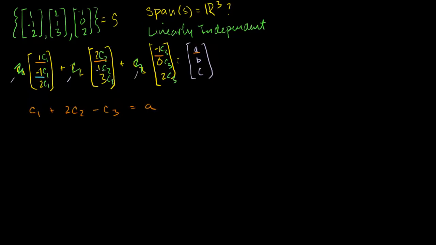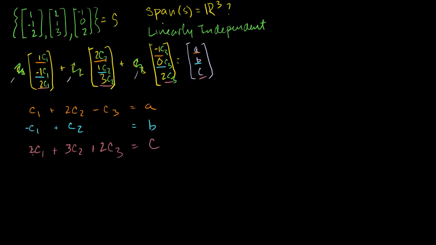Minus C1 plus C2 plus 0 C3, so we don't even have to write that, is going to be equal to B. And then finally, let's just do that last row. 2C1 plus 3C2 plus 2C3 is going to be equal to C right there.